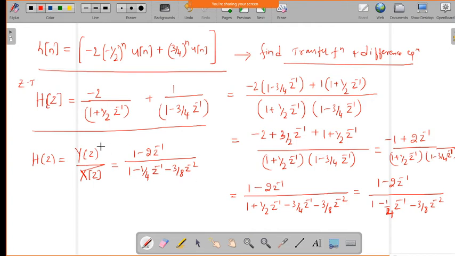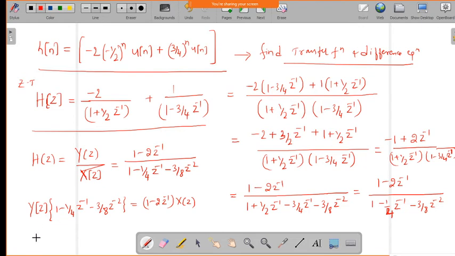So now in cross multiplication, what will you get? You will get Y(z) into 1 minus 1 by 4 z inverse minus 3 by 8 z power minus 2, which is equal to 1 minus 2 z inverse into X(z). So now we can multiply the Y(z) inside and the X(z) inside, so we will get the corresponding difference equation.